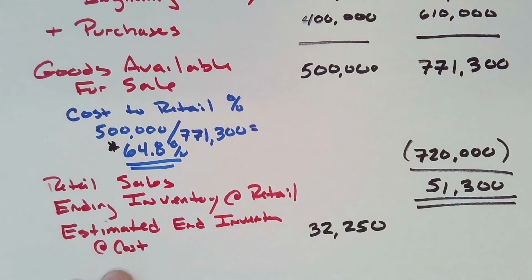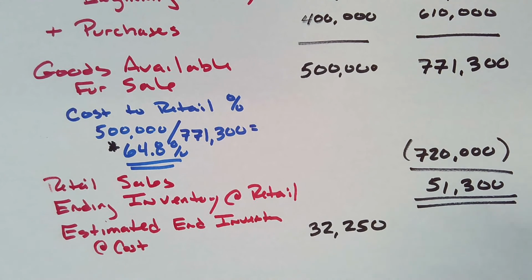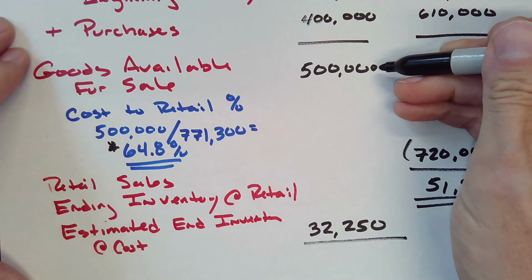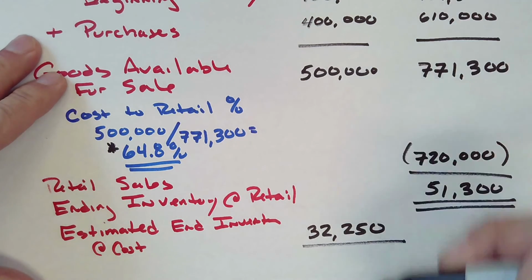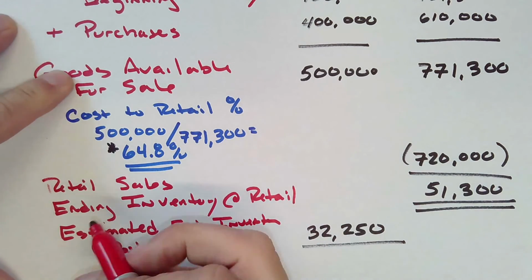So now if I wanted to figure out what my cost of goods sold is, I'm going to take my difference of my $500,000 here versus the 33,250, and that's going to tell me what my cost of goods sold are.